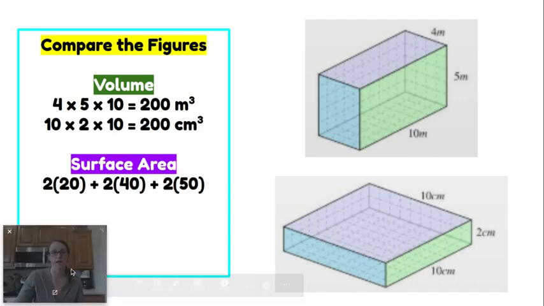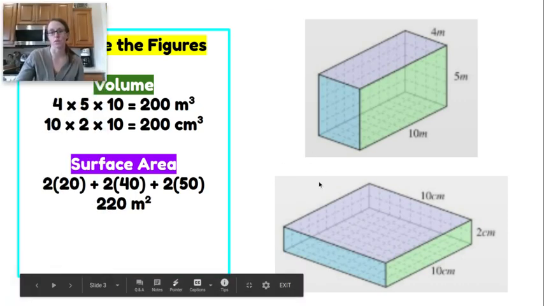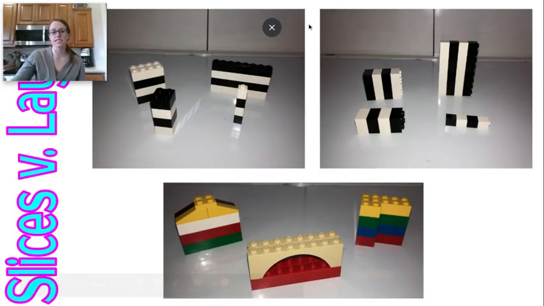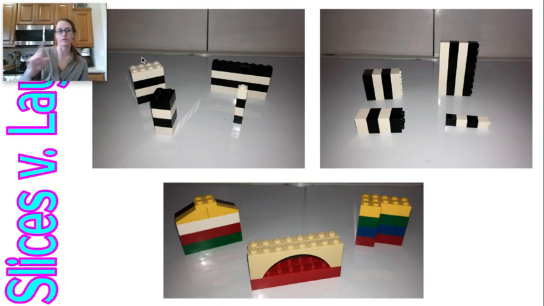The surface area, the top one has a surface area of 220 meters squared. The bottom one is going to have a surface area of 280 centimeters squared. Slices and layers is going to come in handy today. But the big thing is when I'm thinking about slices or layers, today I want you to think about what's going to happen depending on how I'm slicing this.